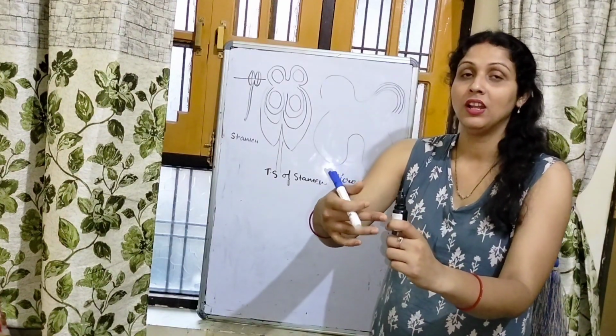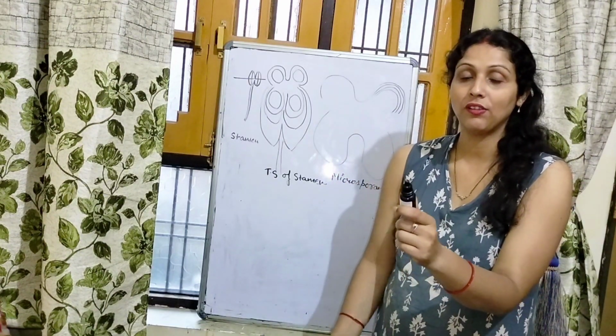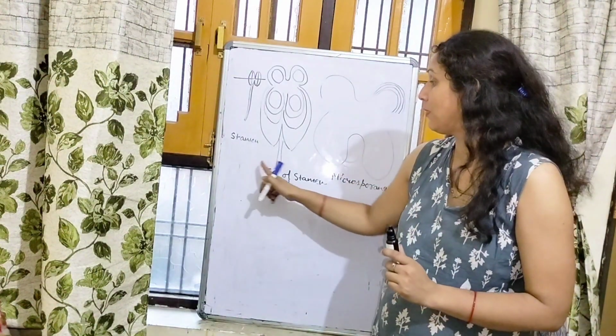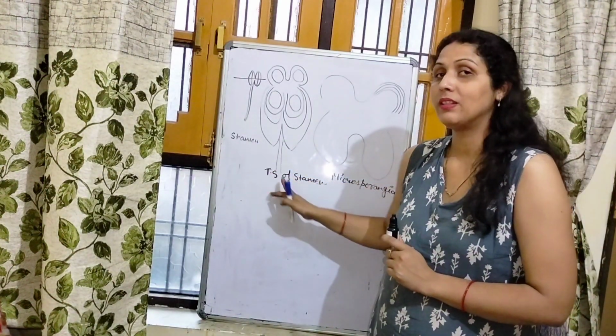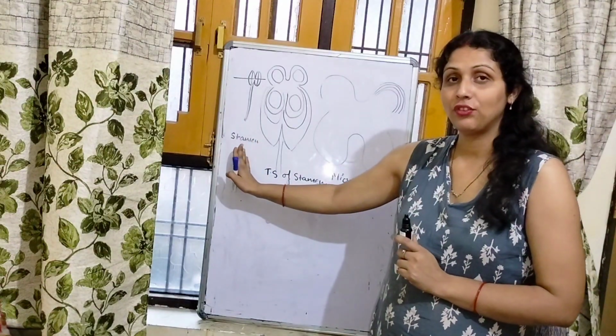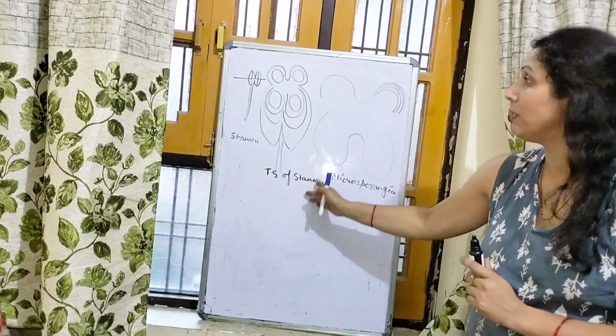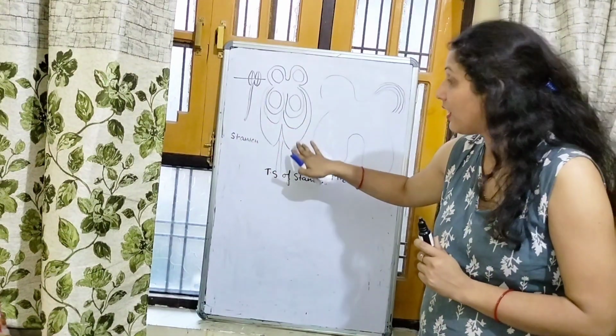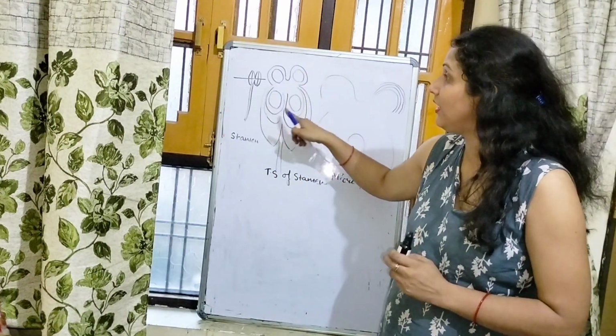If we cut here, this is the 2D structure, but if I show the 3 dimensions, if you are able to see this, this is the basic difference between this figure and this figure. This is a figure of a stamen and this is also a figure of a stamen, but this is the 2-dimensional structure of a stamen, and after transverse section cutting, this is the 3D structure.